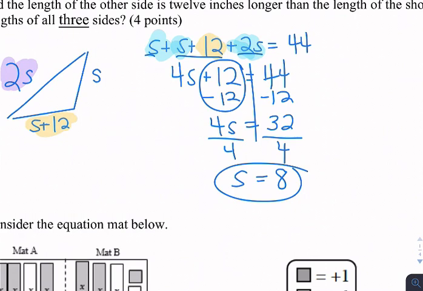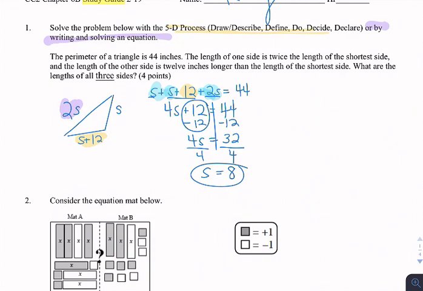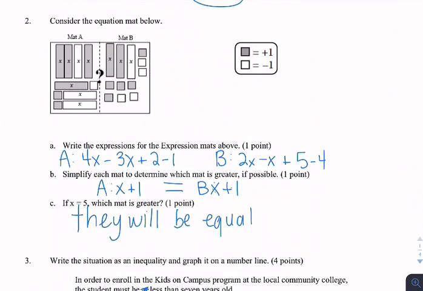If I am thinking about all my math facts, I know that 4 times 8 is 32, but I could also do that by dividing both sides by 4. 4S divided by 4 would be 1S, and 32 divided by 4 is 8. Once you get to that point, you can think about it either way. So that's the first one.